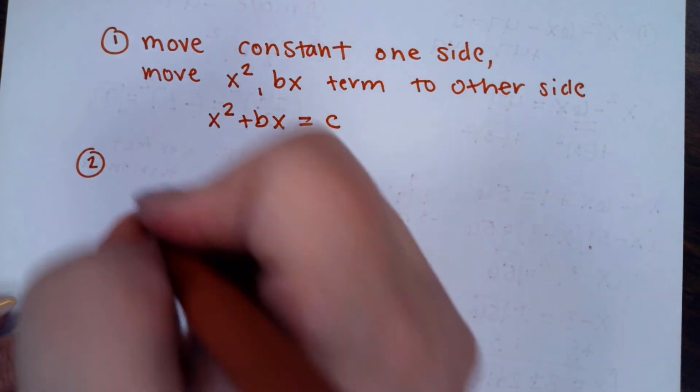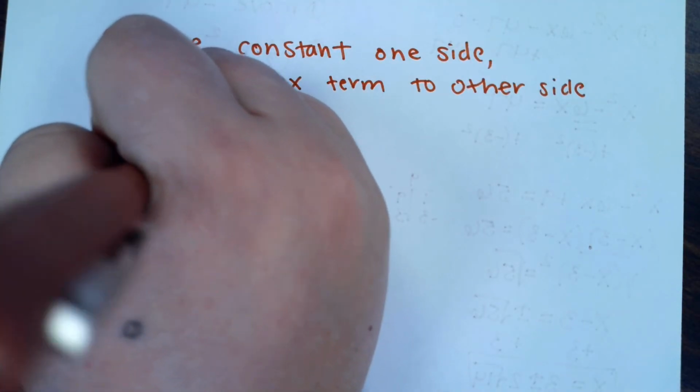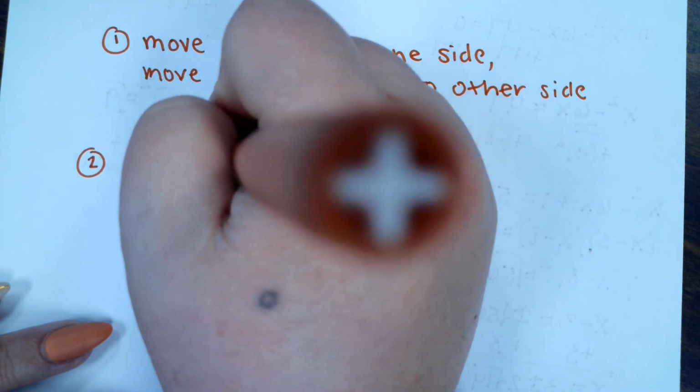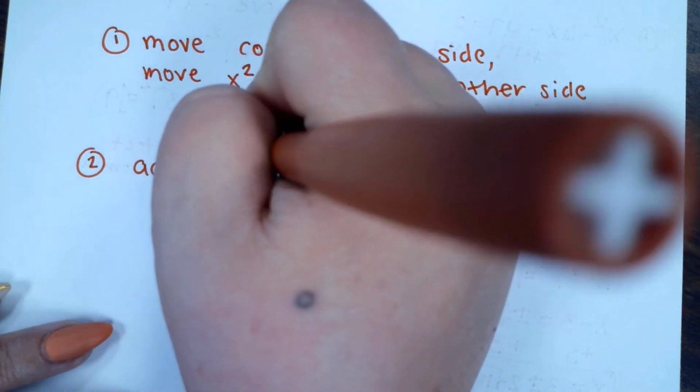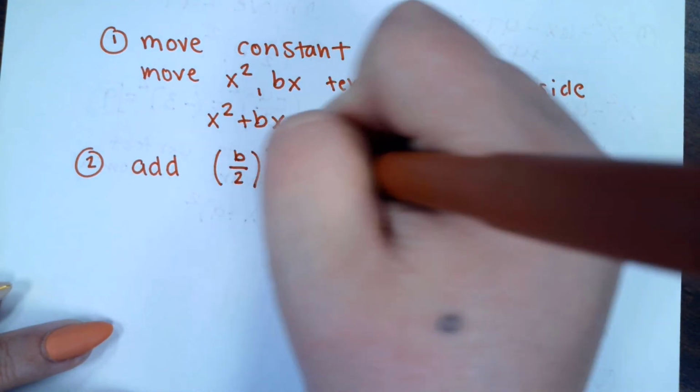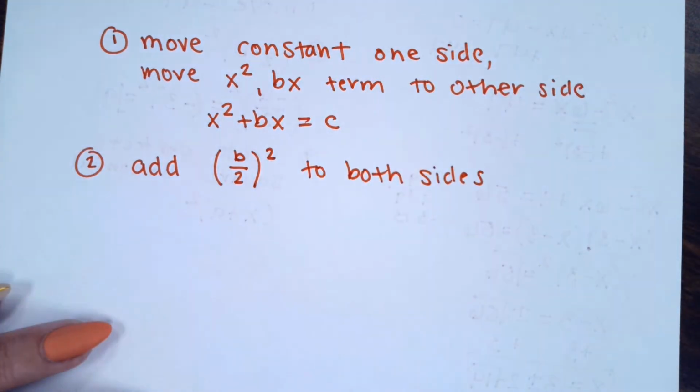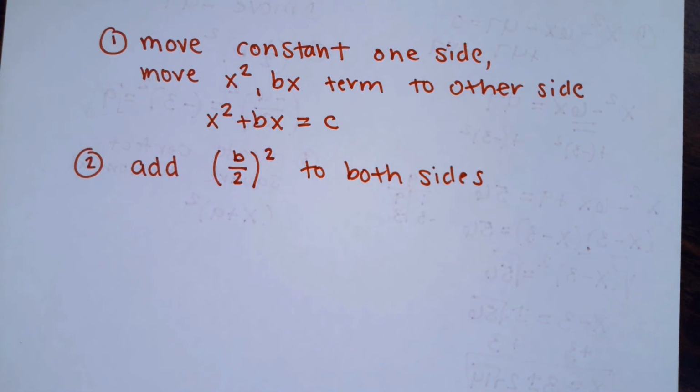Second step, you are going to add your b term divided by 2 squared to both sides. Remember, just like any equation, whatever you do to one side, you have to do to the other.